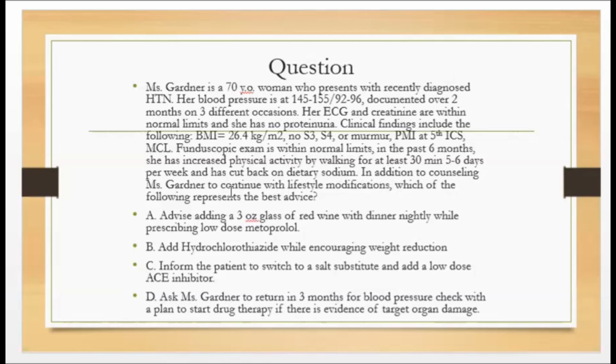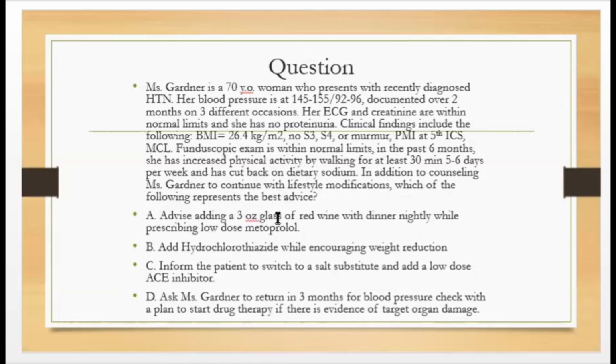In the past 6 months, she has increased physical activity by walking at least 30 minutes per week and has cut back on dietary sodium. So this patient is on lifestyle management. In addition to counseling Ms. Gardiner to continue the lifestyle modification, which of the following will you do?